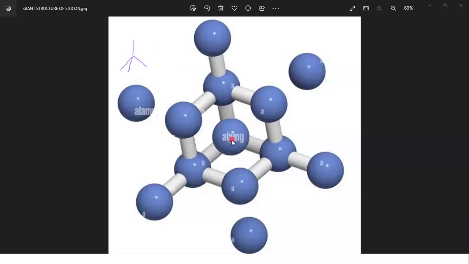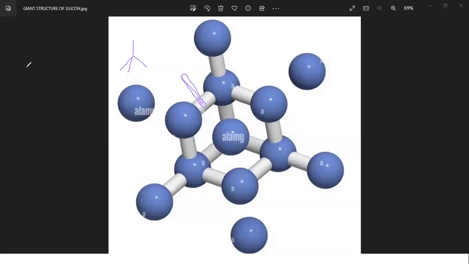You can't see it, it is hidden on the other side. So even this one, when you try to count, there's 1, 2, 3, 4. Even this one will be joined to other 4, in a tetrahedral arrangement. That is silicon. So it forms what we call a giant covalent structure. It is covalent because there are bonds here. These bonds here.